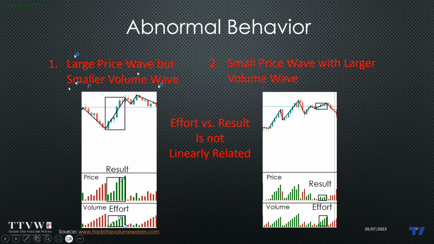That's an abnormal behavior. The second situation is we got a small price wave, which is this move or this wave, with a larger volume wave. Okay, now here we got a lot of effort but a small result.